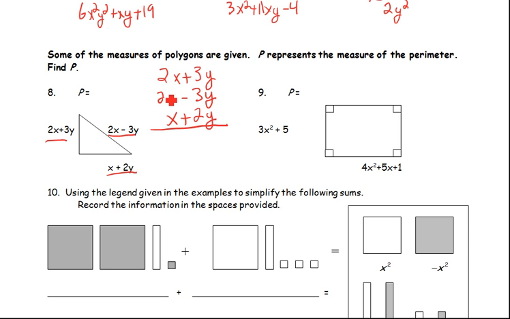So let's do this. 2 plus 2 plus 1 gives me 3x. 3 minus 3 is 0, plus 2 is plus 2y. That's our answer.